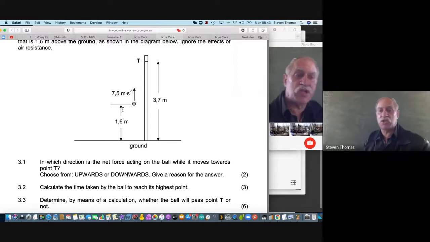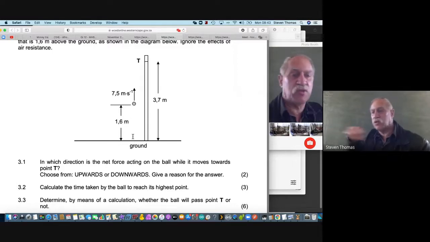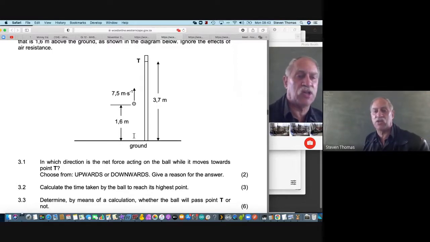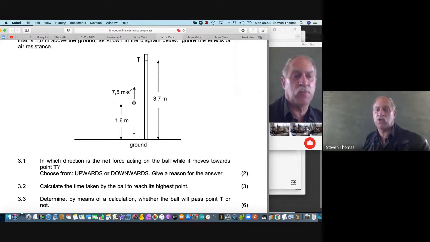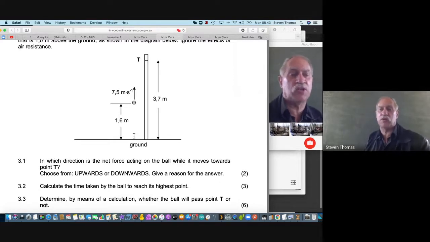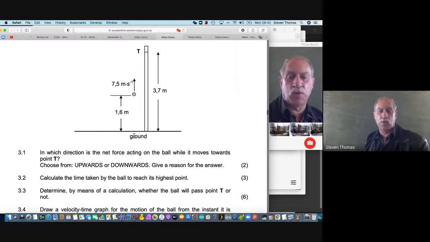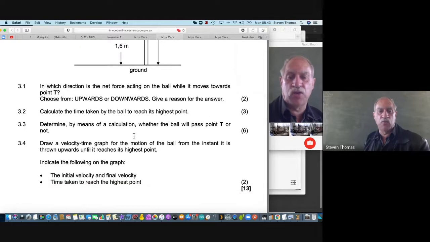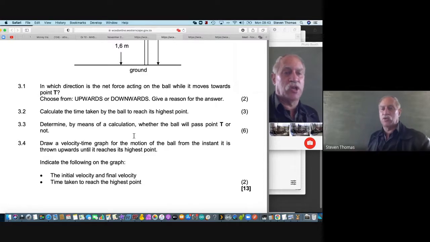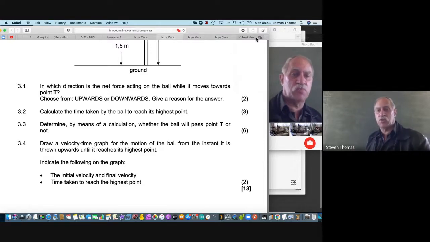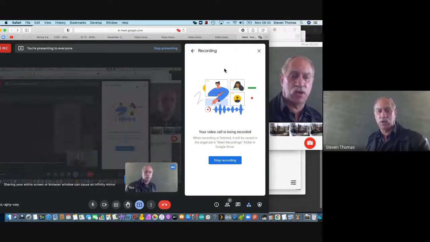And when it reaches its maximum point, which is where it hits the x-axis, the velocity is going to be 0, because it's stopped moving. So you've worked out the time that it took to do that, and you're going to draw that on your graph. I will stop sharing and just draw that graph quickly.